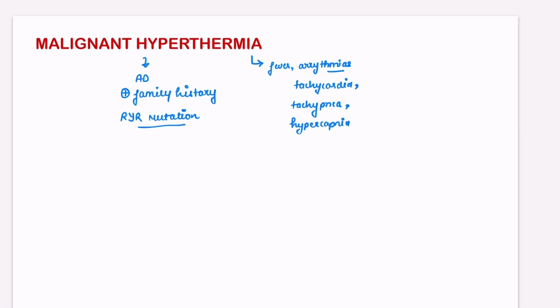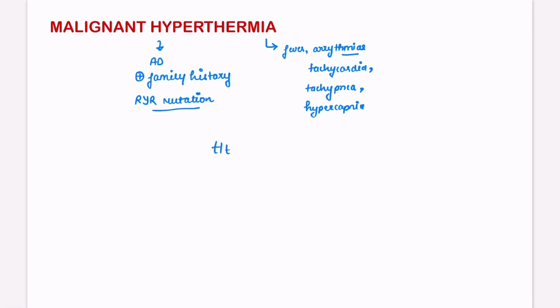The treatment of malignant hyperthermia includes a drug which is known as dantrolene, which inhibits ryanodine receptor. Apart from dantrolene, we also have to give supportive care to the patient.